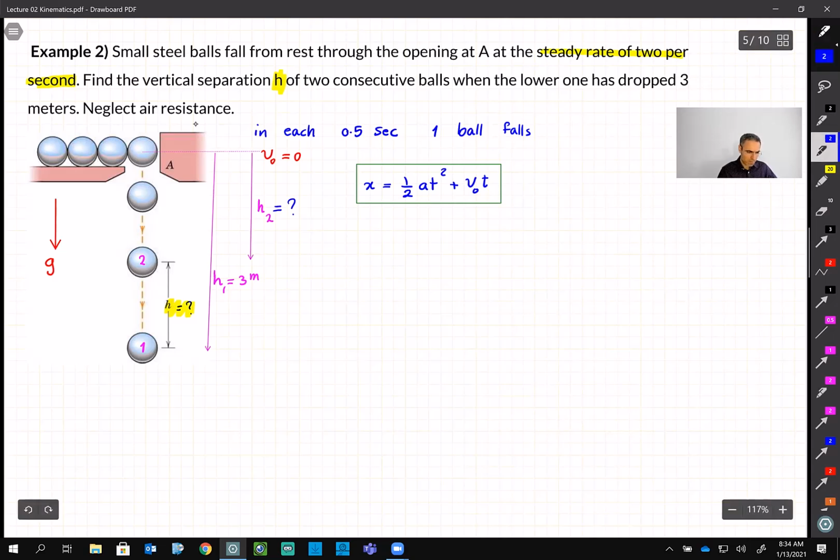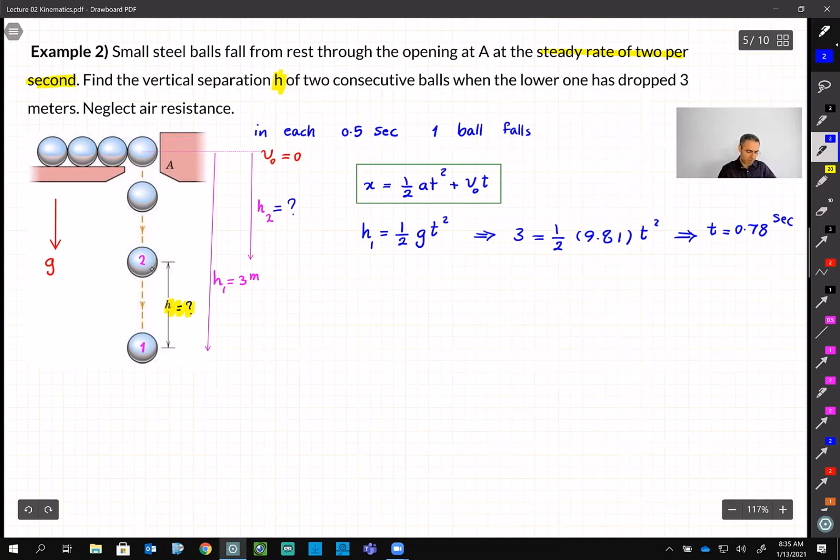So I write H1 is equal to half of g t squared, since I don't have initial velocity. 3 meters equals half of 9.81 t squared. From here, I find how long it takes for this ball to come down to this point. It takes 0.78 seconds for ball 1 to come down 3 meters.